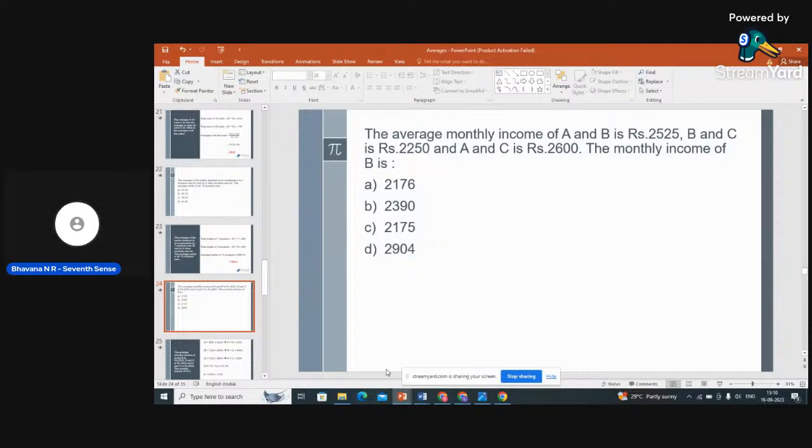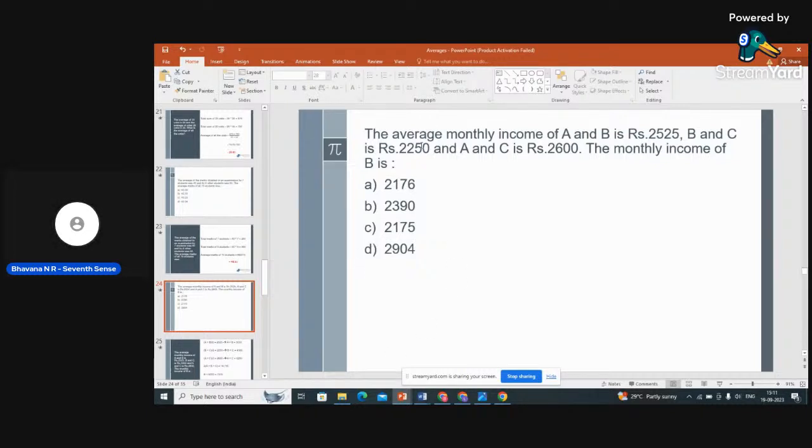What data have they given here? What is the question here?